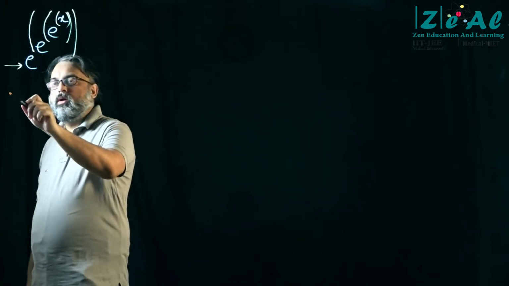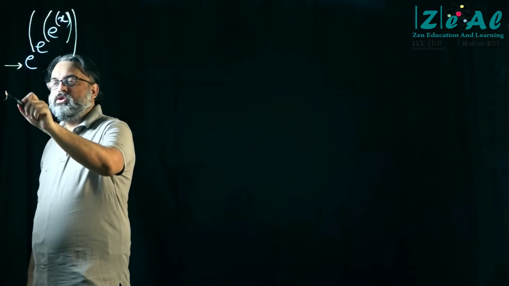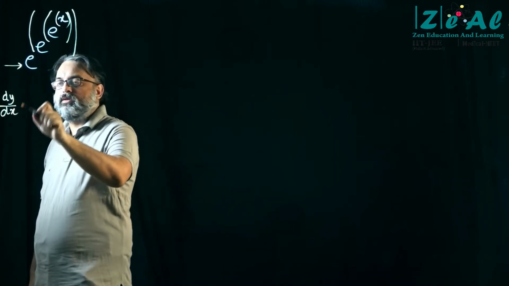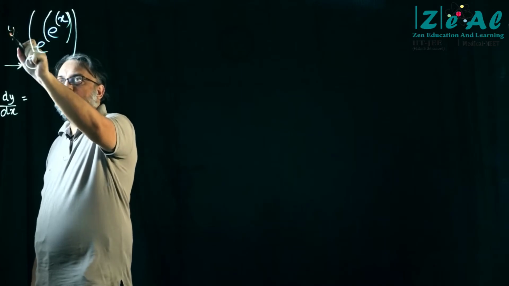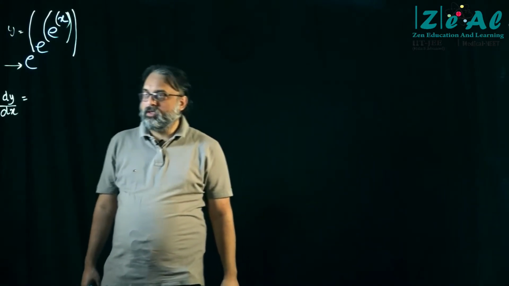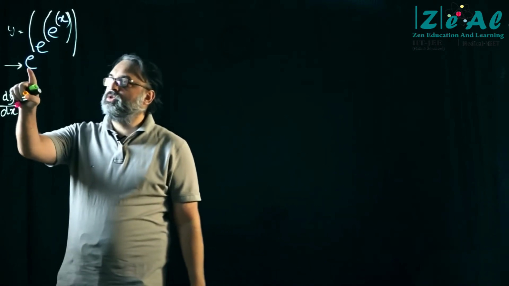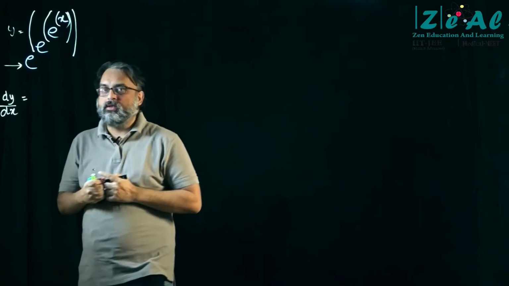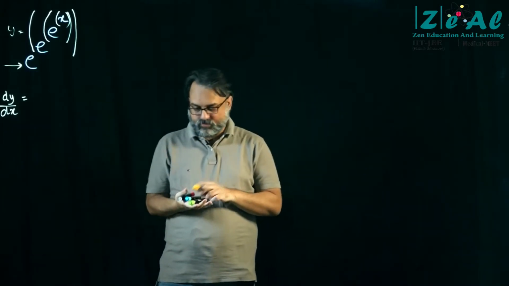So the differentiation or the value of dy by dx of this guy, if y is equal to this guy, will be equal to the differentiation of e raised to the power something, right? E raised to the power something.